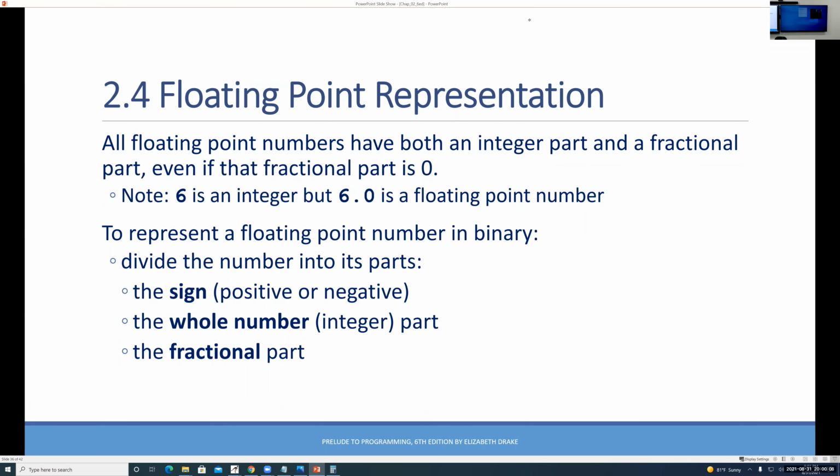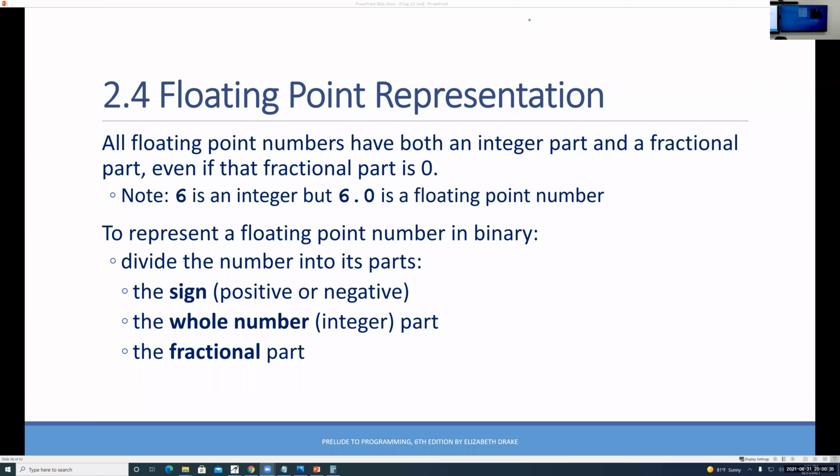Right? So to represent a floating point number in binary, you have to break it down into 2 parts. Sorry, into 3 parts here. The first one is the sign, the same. If it's positive, you have number 0, and if it's negative, you have number 1 here. The second one is the whole number, the integer part. And the third one is the fractional part here. So we can think about this one.